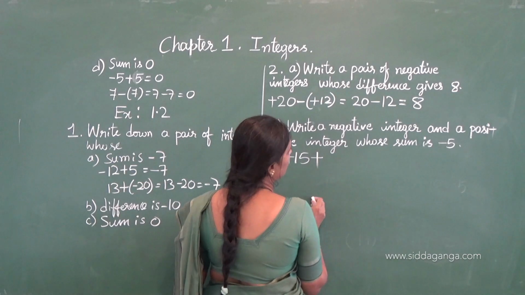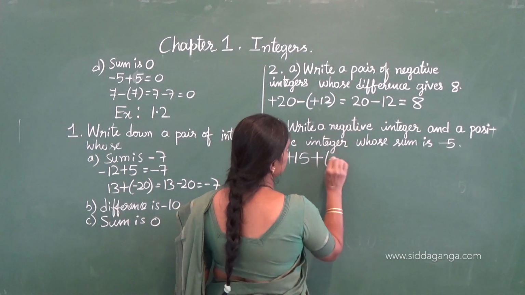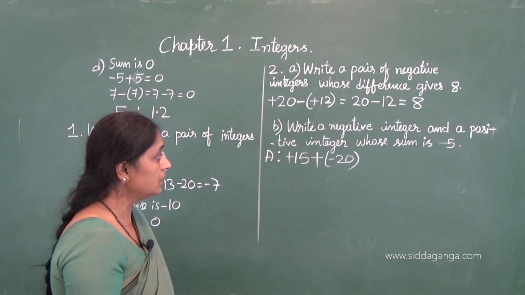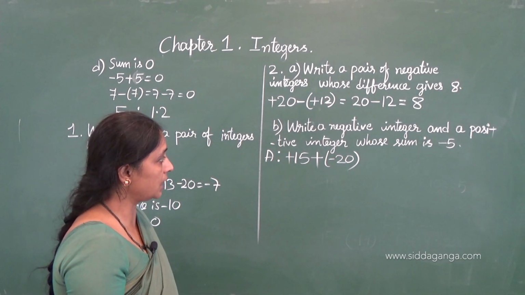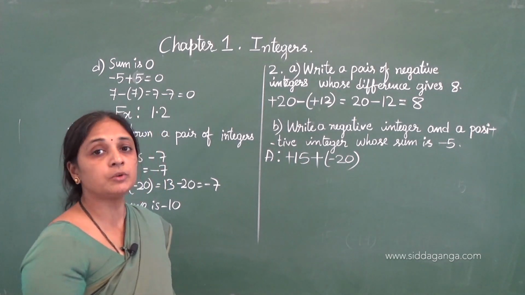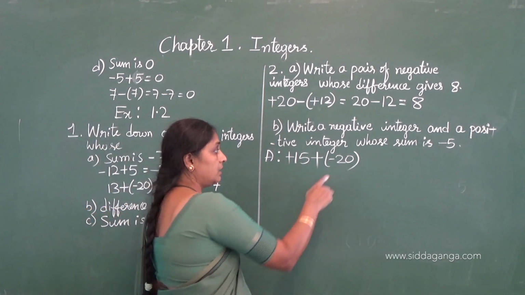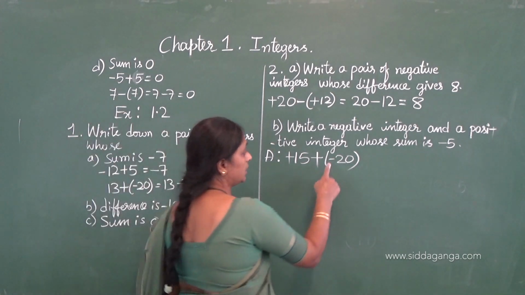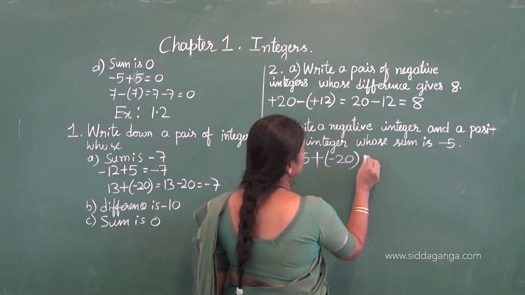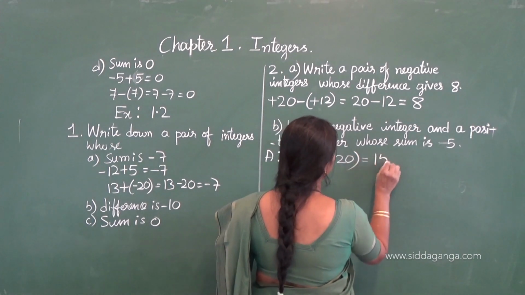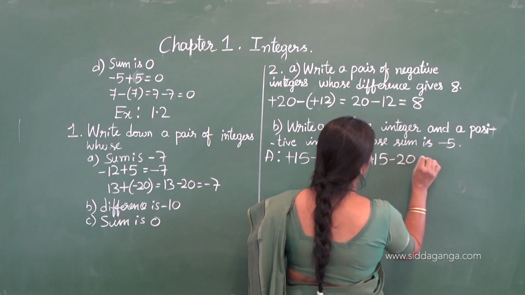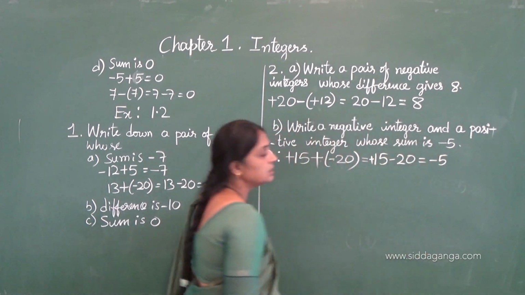Then we take a negative integer, minus 20. Taking out 15 from 20 we get 5, and 20 has minus, so it is a negative integer. Then we can write plus 15 plus into minus is minus 20, we get minus 5.